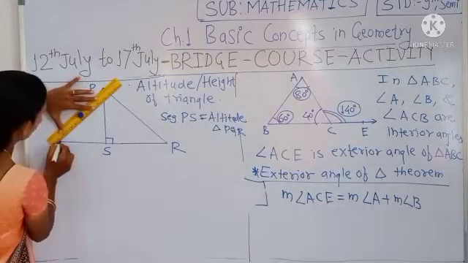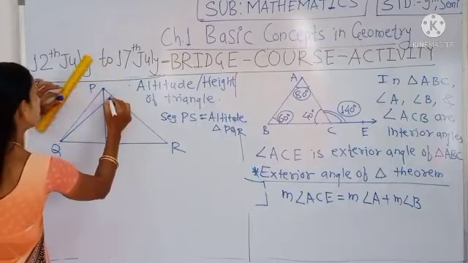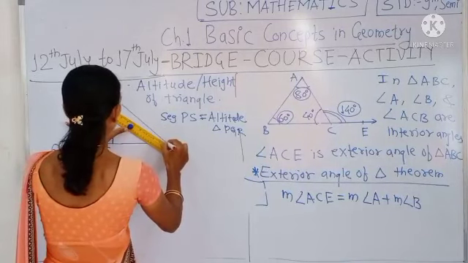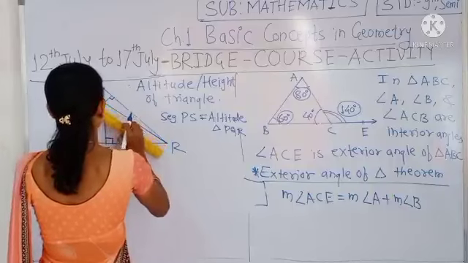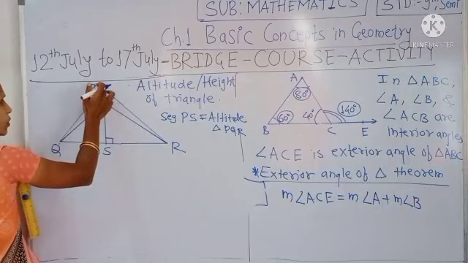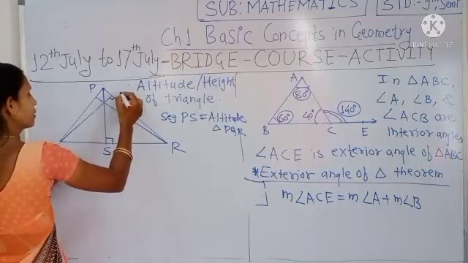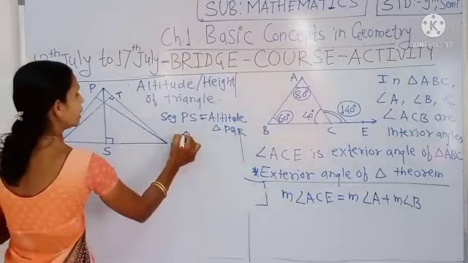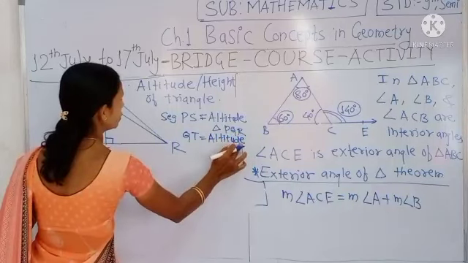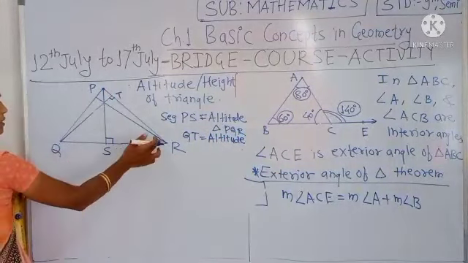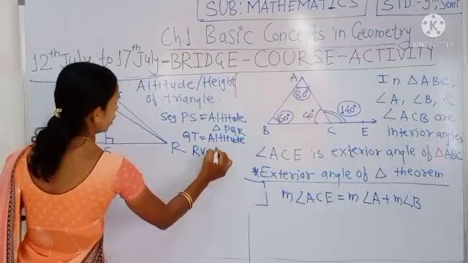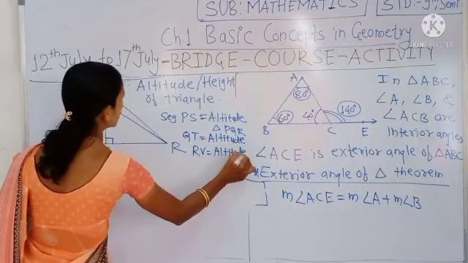If we draw all 3 altitudes of that triangle, then see here, the altitude drawn from vertex R, altitude drawn from vertex Q, and altitude drawn from vertex P. QT is also an altitude of the given triangle PQR, as well as RV is also an altitude of the given triangle.